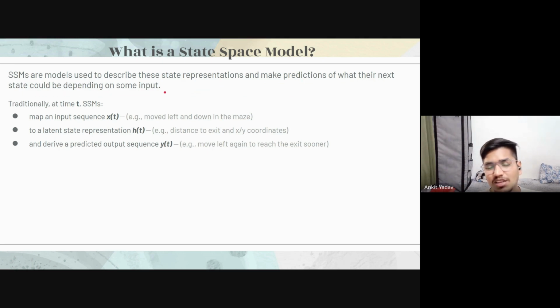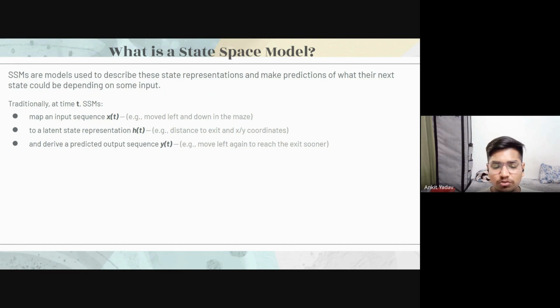So if I say I'm at a given timestamp t, what the SSM wants is to take an input sequence xt at that timestamp, with the help of the hidden state, or latent state, and we can derive some output that is yt.